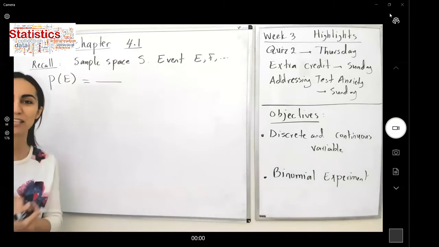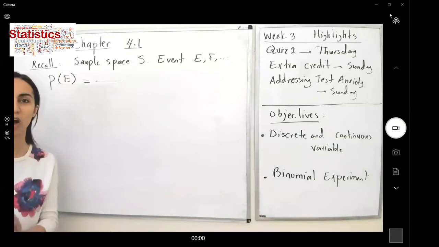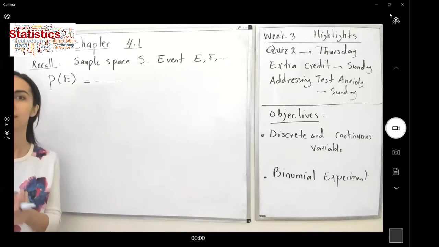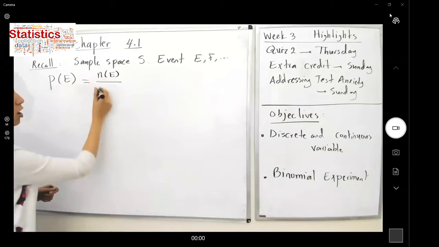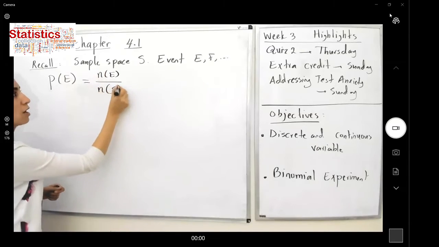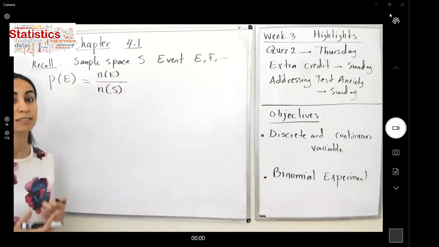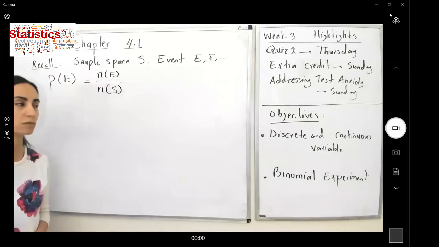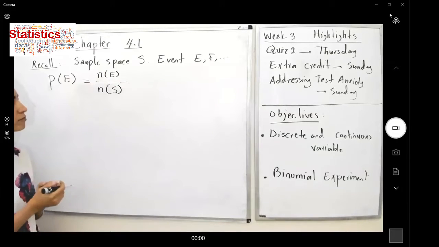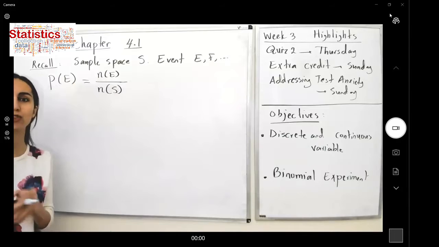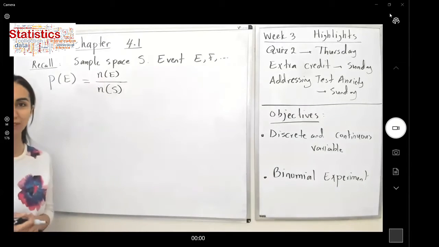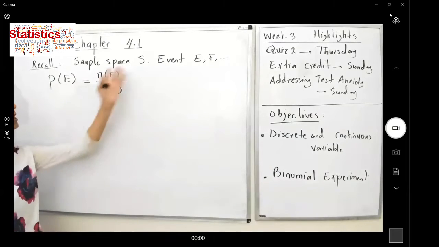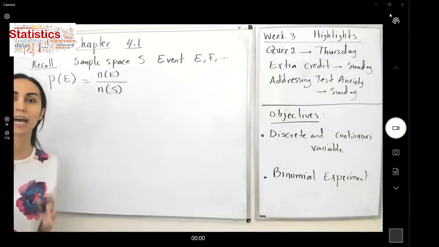On the numerator of the fraction, we have the size or cardinality of that event, N of E. On the denominator, you have the cardinality or size of your sample space.